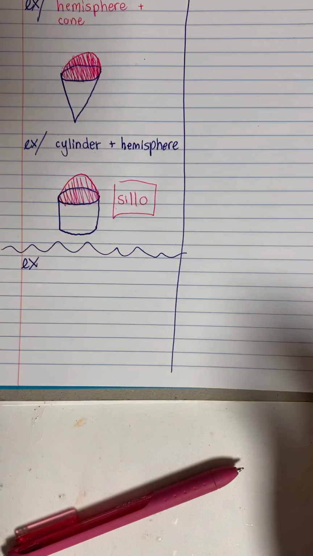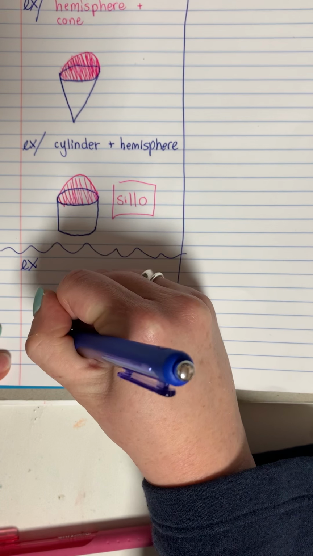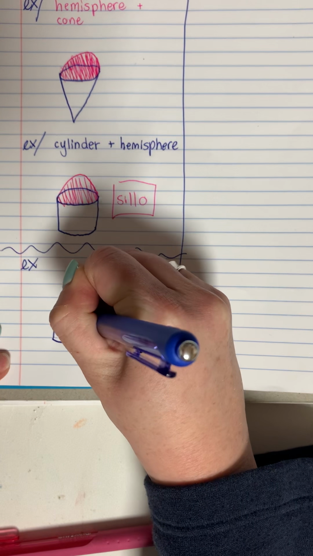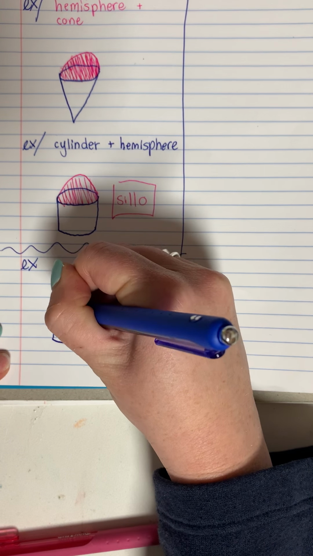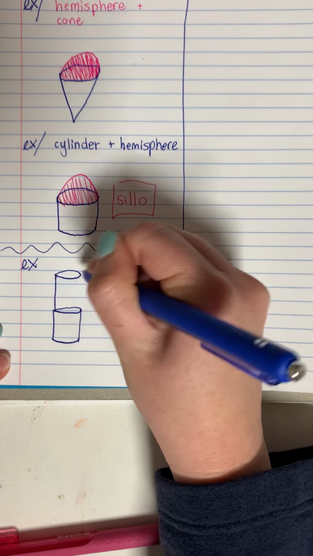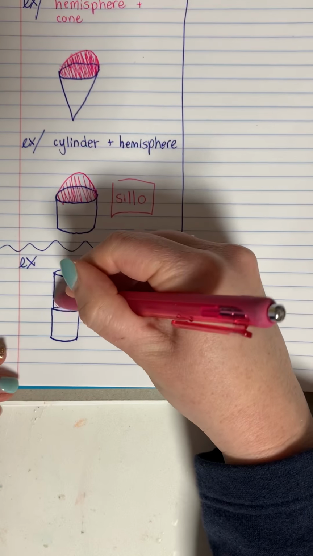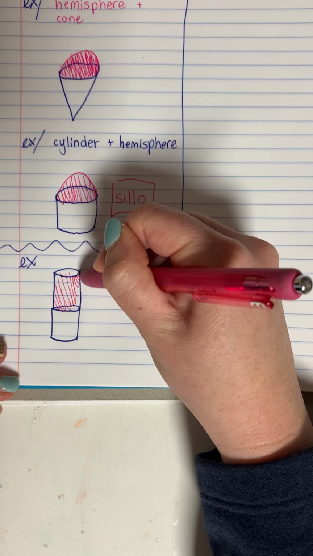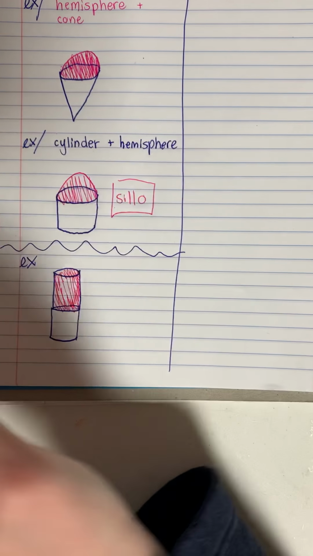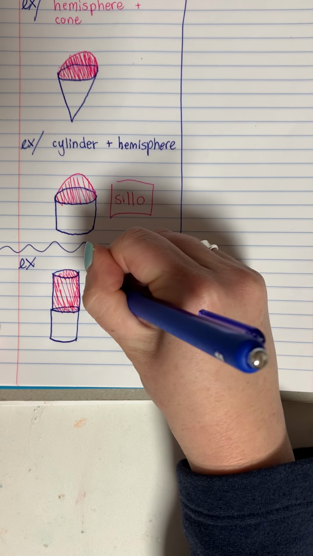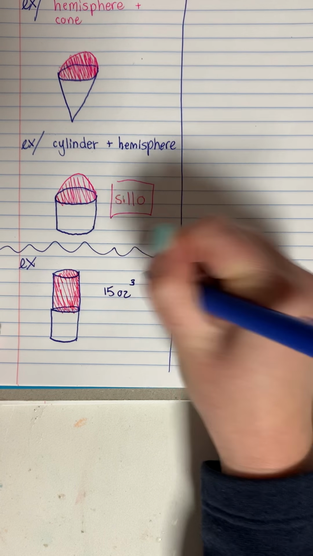Well, let's do the math. Let's create this composite figure of 2 cans of soup. So here's my first can. And then right on top of it, I'm going to go ahead and glue a second can right on top. So we have a composite figure here. We have one shape right on top of the other. So we have 15 ounces, and since this is volume, it's cubed.